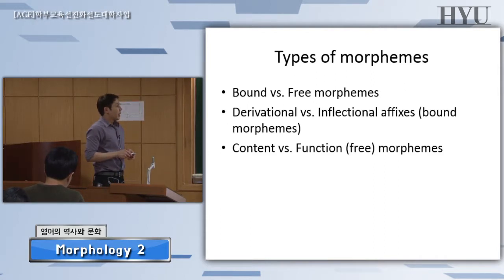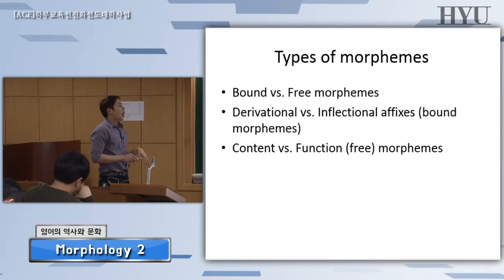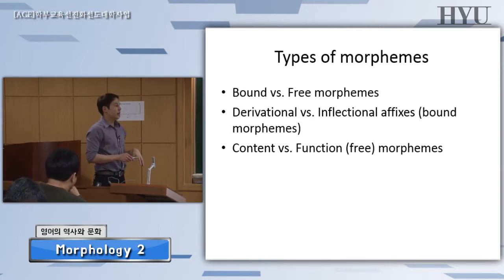Now, let's look at derivational and inflectional affixes, okay? So all of them are affixes. Affixes could be prefix, suffix, or infix, and so on, right? Remember, all of the affixes are bound morphemes, meaning that they cannot occur by themselves, okay?